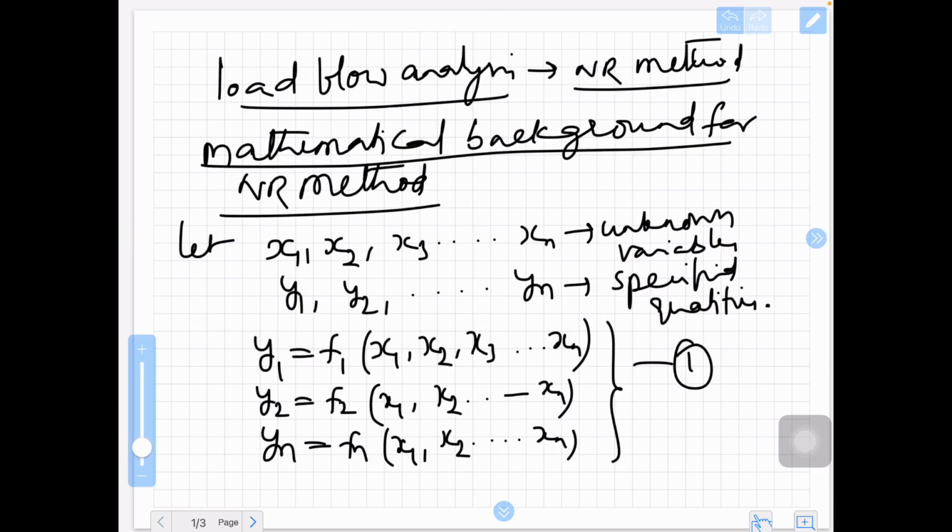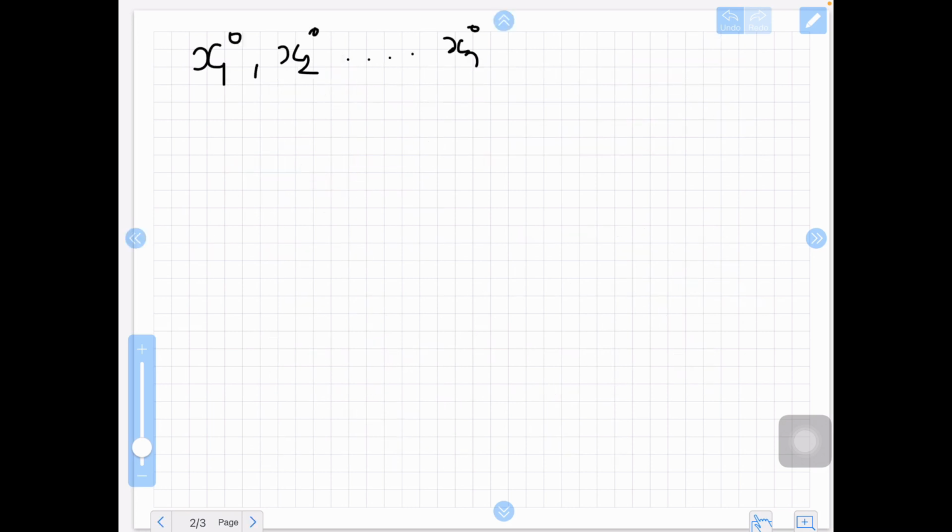These are the initial solution for the unknown variables x1, x2, xn, but these are the assumed solution, not the final solution.